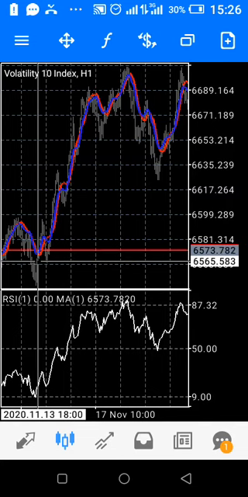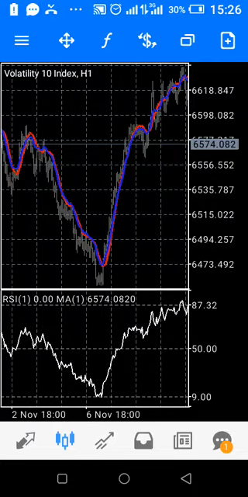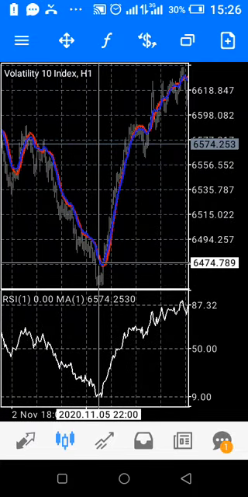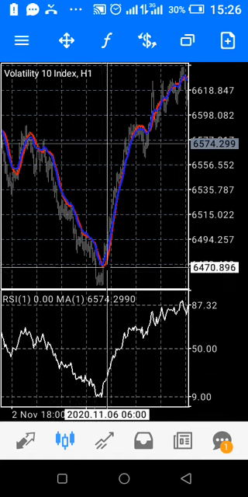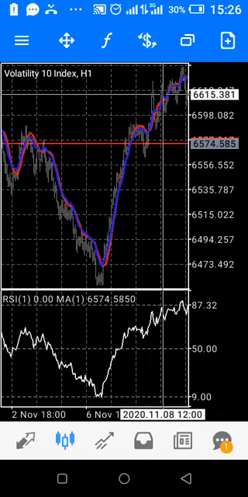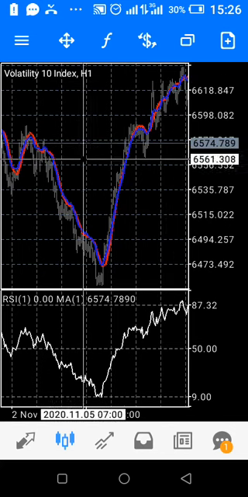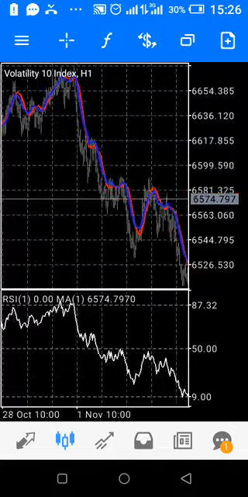So let's backtest this and see how it works. Imagine you enter the market here, see the dollars you would have been having now. Let's see another example.